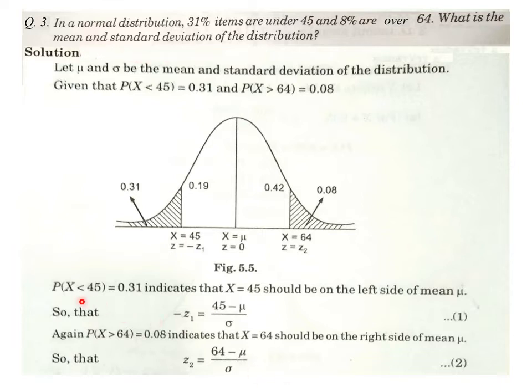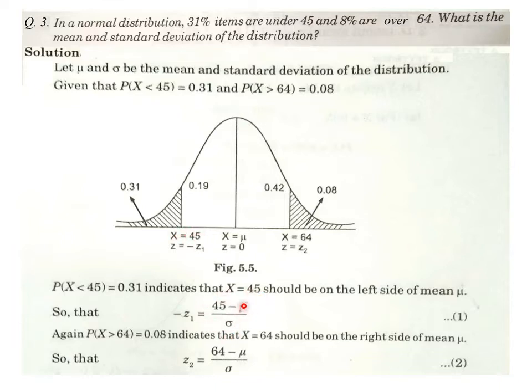Then using the diagram along with those results we have to calculate mu and sigma. So P(x less than 45) equals 0.31 indicates the left hand side of the mean. Now z equals x minus mu upon sigma, and here z is minus z1, so x is 45: minus z1 equals 45 minus mu upon sigma.